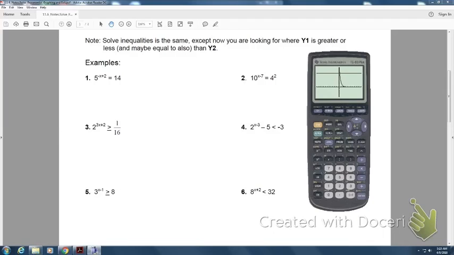I can see the intersection on the screen, so I'm going to go second, trace, 5, enter, enter, enter. Whenever you write your answer, let's do 2 decimal places. So this one is 0.36. Make sure that you're rounding correctly.